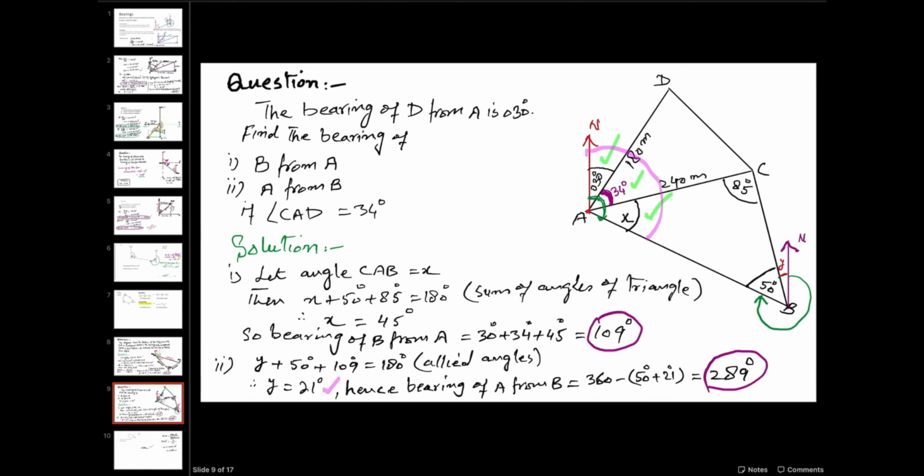Hence bearing of A from B is equal to 360 degree minus 50 degree minus 21 degree, which is equal to 289 degree.